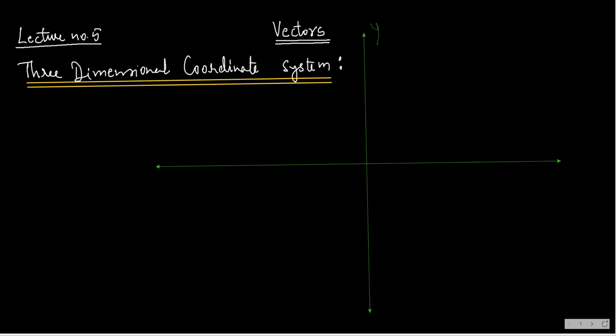So how is it? In the 3D system, you have these two axes as the x and y axes. Which axis?